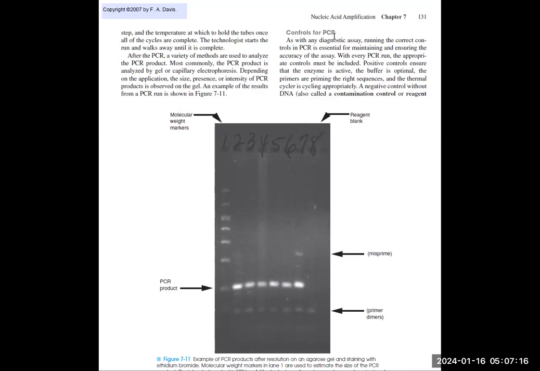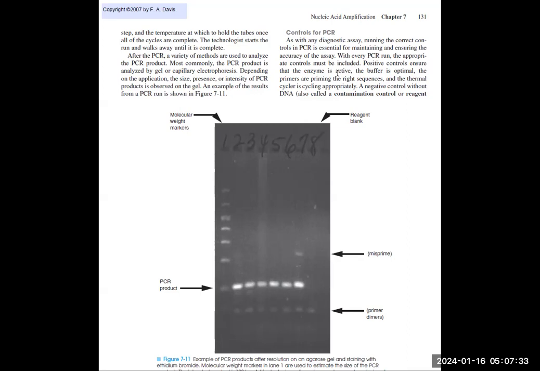So a lot of controls, right? As with any diagnostic assay, running the correct controls in PCR is important for maintaining and ensuring accuracy. So again, what are those controls?